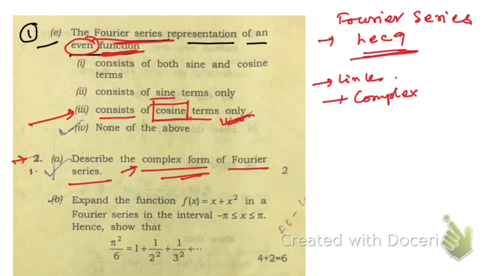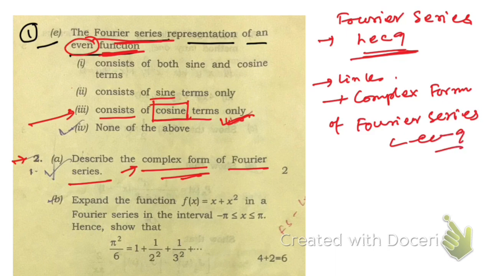The video title is something like complex form of Fourier series, lecture number 9. I have provided the video link under question number 2a answer. So click that, and you're going to get the answer.